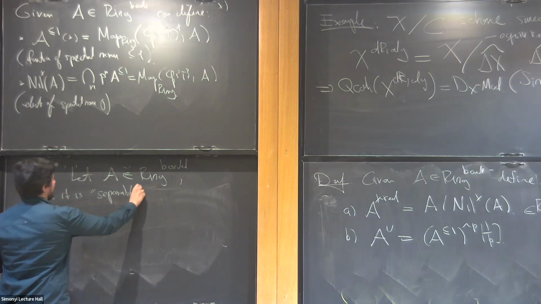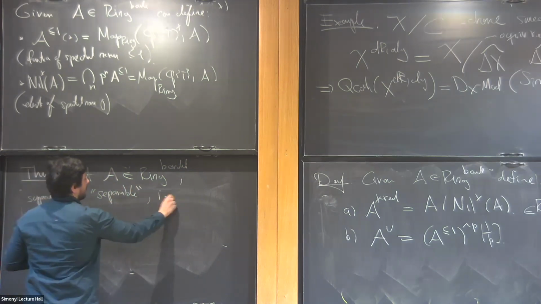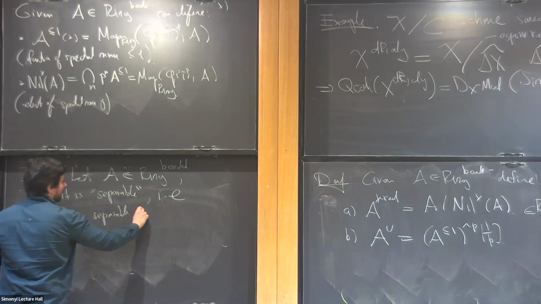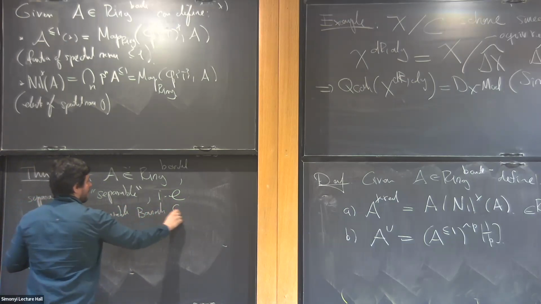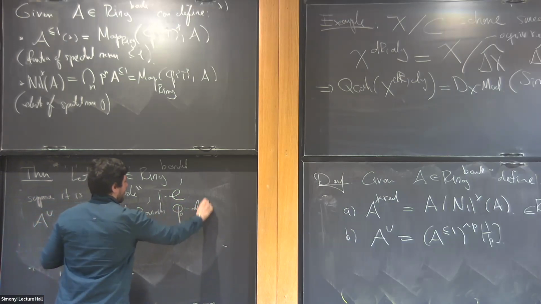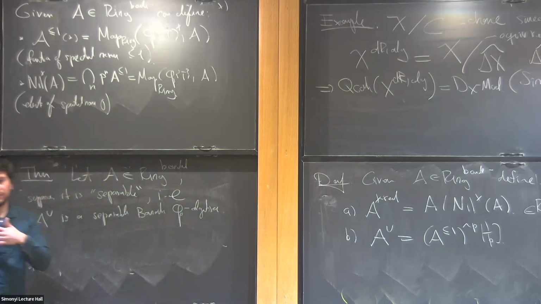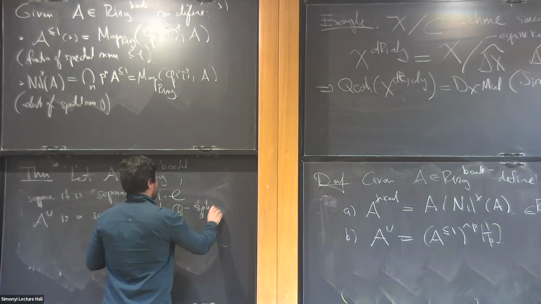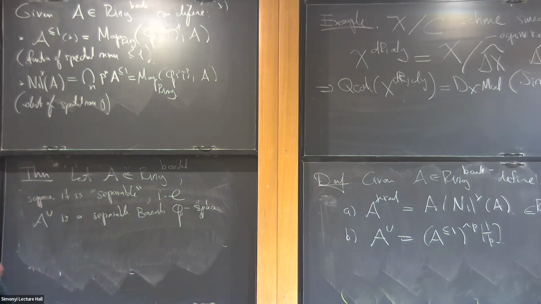So the idea is that the uniform completion is a separable Banach space, meaning that it has a countable orthonormal basis as a Banach algebra, as a Banach space. You can think of it as some kind of topological condition, even though it's more like an algebraic condition.